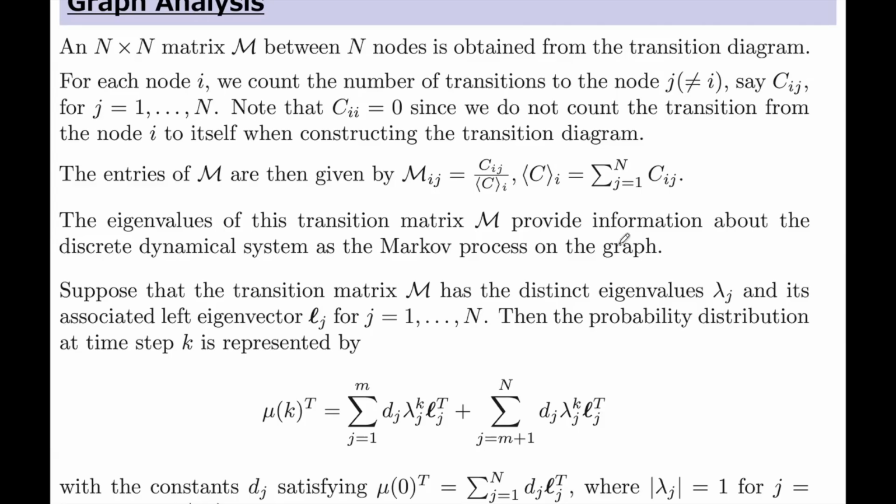Note that for this construction, Cii is always 0, since we do not count a transition from node i to itself when constructing the transition diagram. By normalizing this component by the whole number of transitions, we obtain the transition matrix. For this transition matrix, the eigenvalues provide some information about the discrete dynamical system.